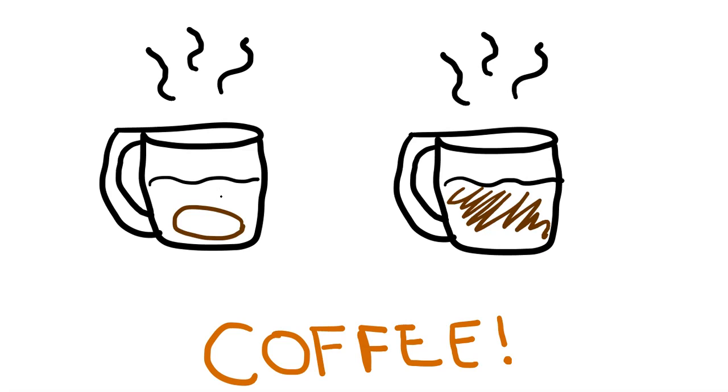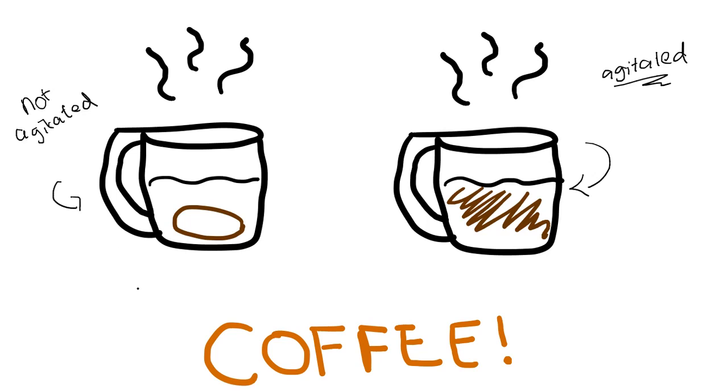For me, I know that it ends up like a lump when it's not agitated, versus when you actually do agitate it, like when you mix it up, you can use a foamer or whatever you use. That is agitated. This one gives you a great cup of coffee, but this doesn't.